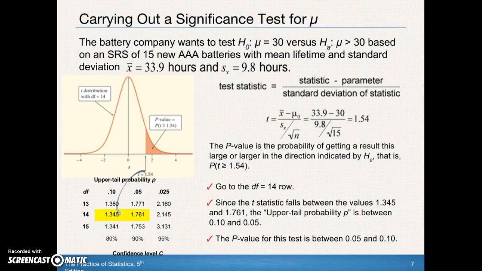How much larger? I don't know. It just falls somewhere in that range. If you picked a significance level of 10%, you could say that we have evidence, and we would reject the null because the p-value is less than that alpha level. So again, stating that alpha level at the very beginning is important because that will allow you to draw your conclusions.